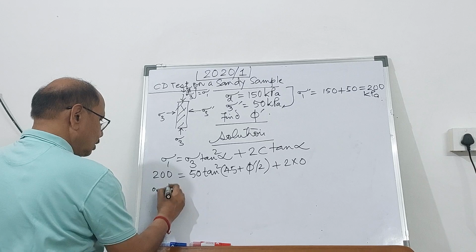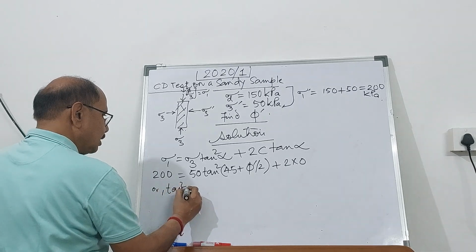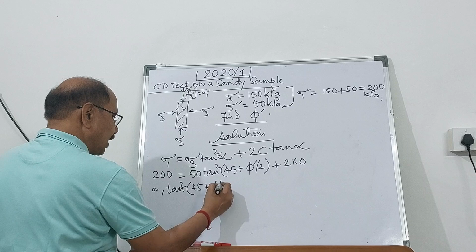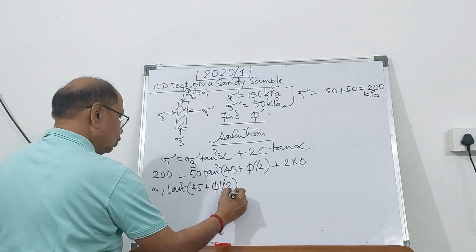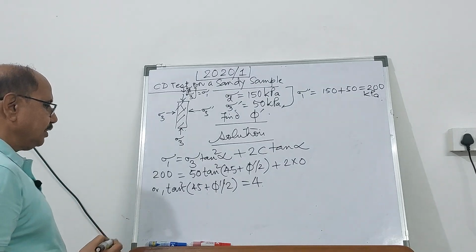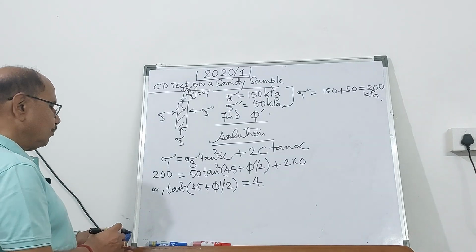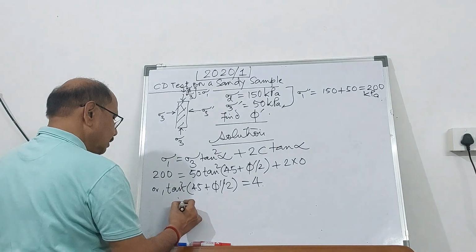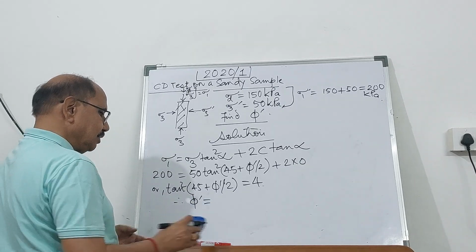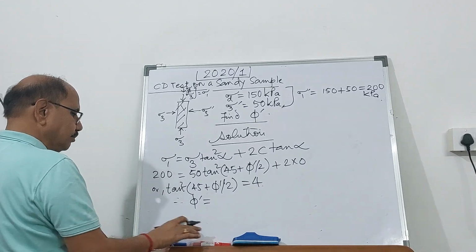Or tan square of (45 plus phi prime by 2) equals 200 divided by 50, that is 4. Therefore, you can find out the value of phi prime by simplifying.